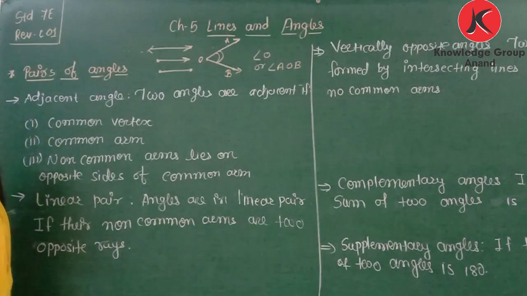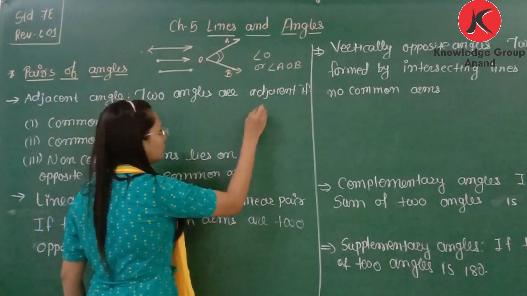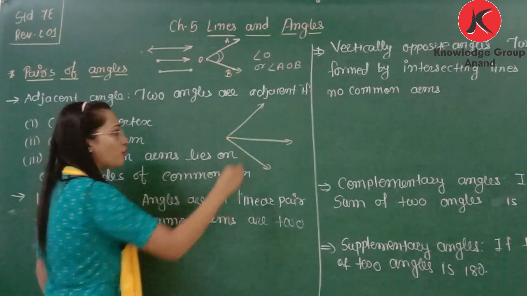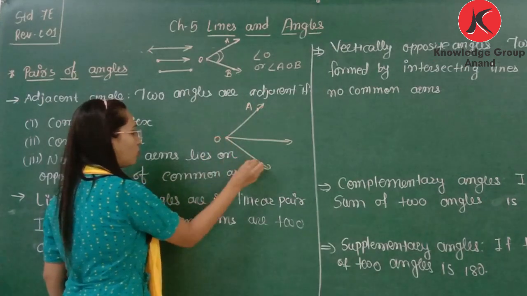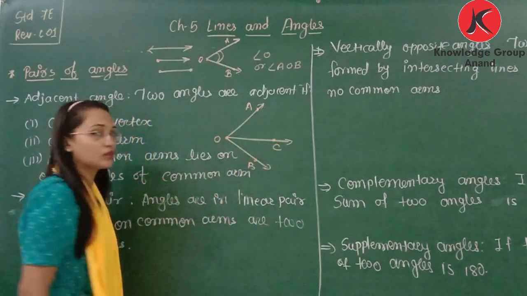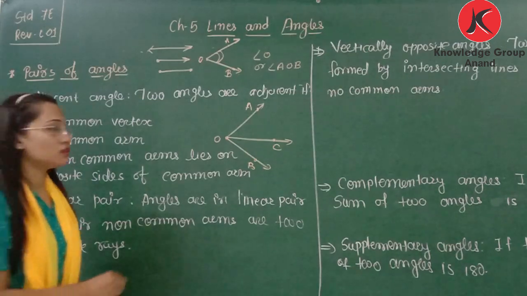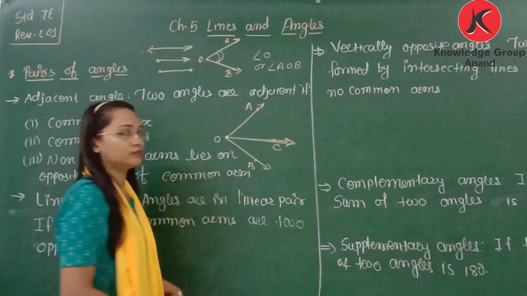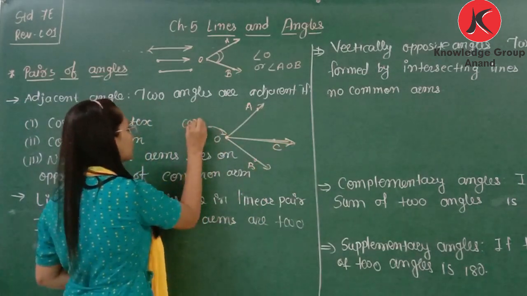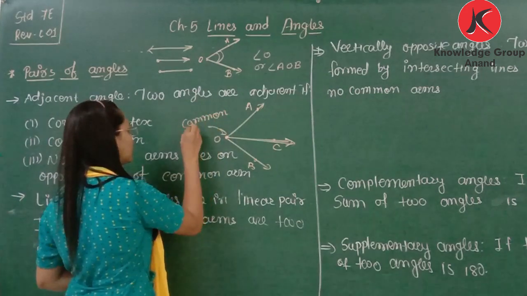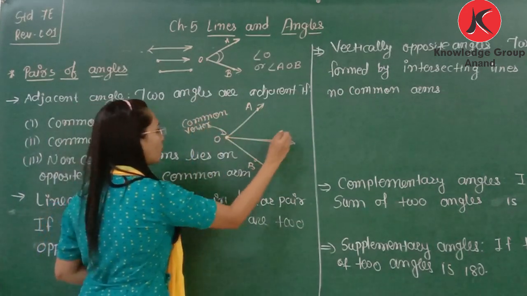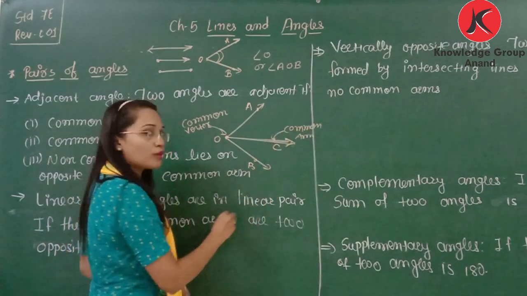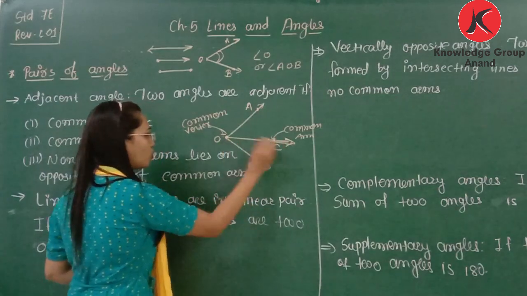non-common arms lie on opposite sides of the common arm. So if we draw an angle like this, with A, O, B and this is C. Here, which two angles are adjacent? O is the common vertex and OC is the common arm, for the angles AOC and BOC.